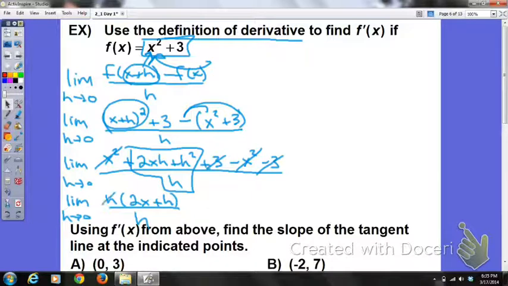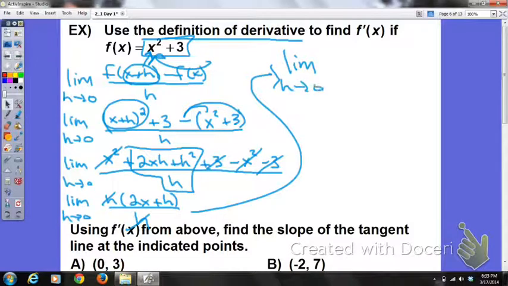I can now cancel, and then to find f prime of x, the derivative using our definition of derivative, also known as the difference quotient, we are finding the limit as h approaches 0 of 2x plus h. I no longer have a problem with direct substitution, so I'm going to take this 0 and plug it in for h.